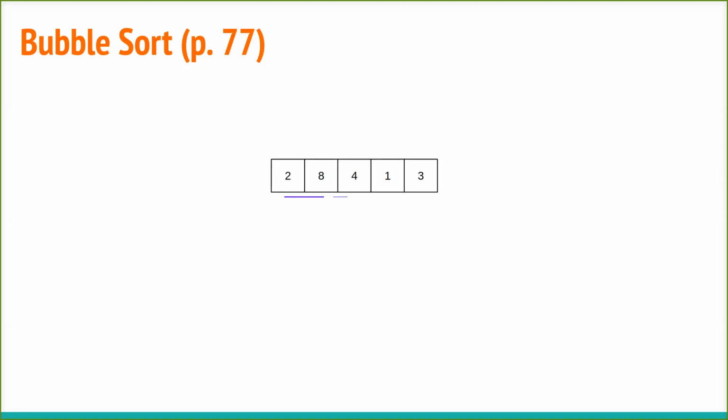What BubbleSort does is at each pass, the largest number not in its correct place bubbles up to the top. So that's what we call it. It bubbles up. So 8 bubbled up to the top of the array.